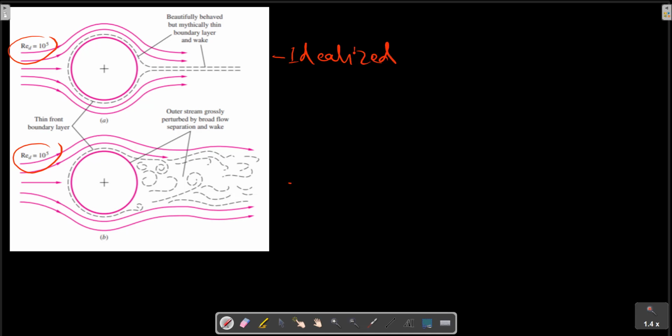The idealized and the actual. In the first, there is a thin film of boundary layer about the body and a narrow sheet of viscous wake in the rear.